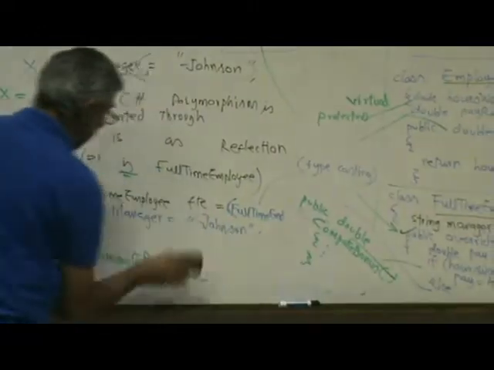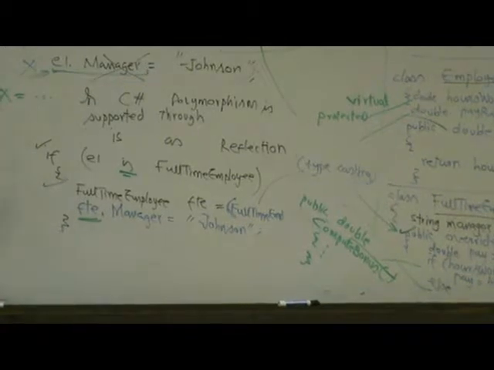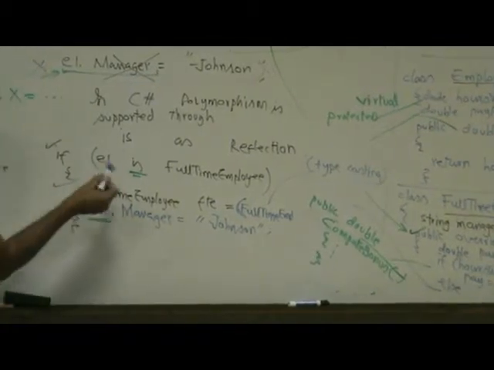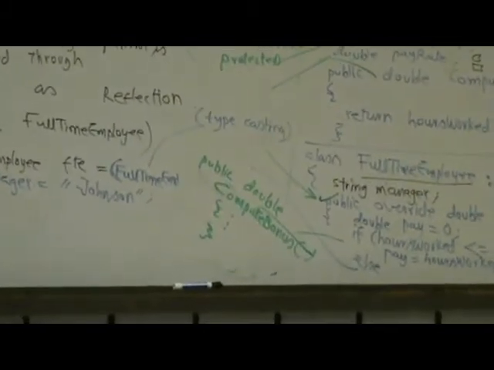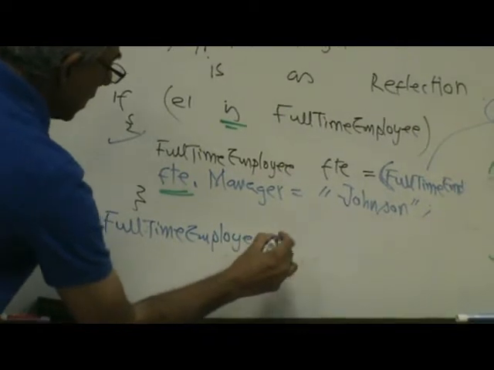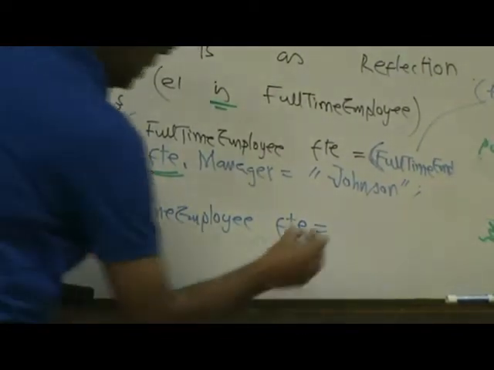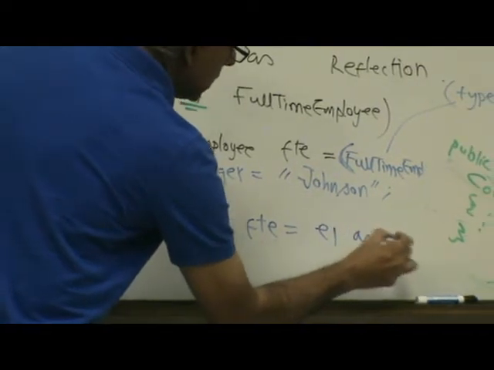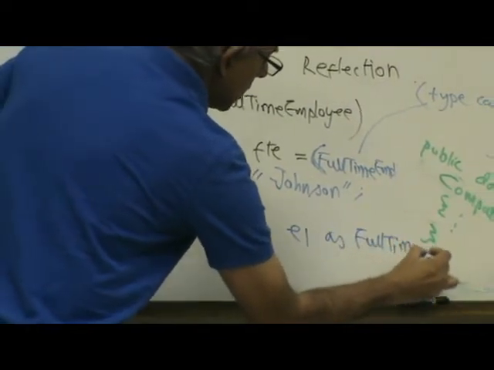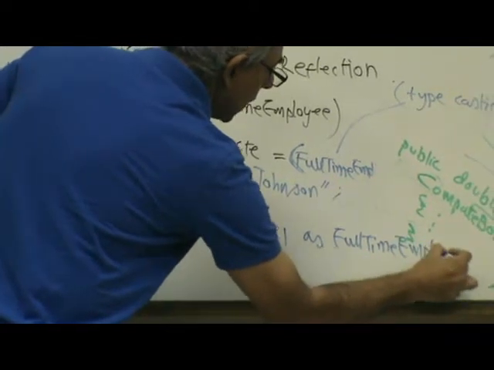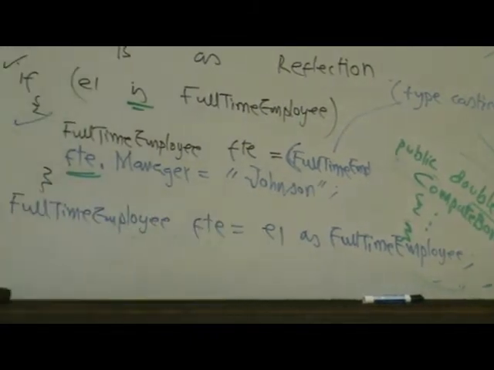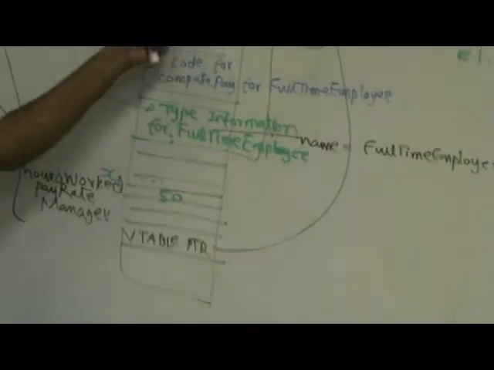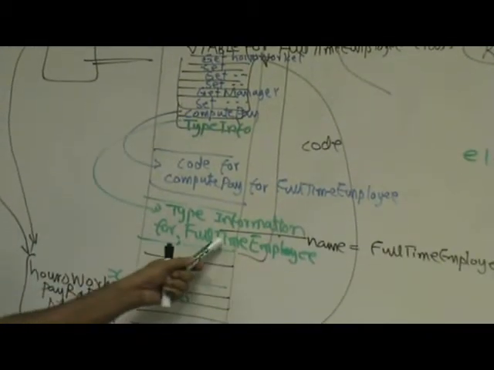So let me call it using the as operator now. If I were to make a call to the compute bonus in the full-time class using the as operator, it will look like full-time employee FTE equal to E1 as full-time employee. So what does it do? As we discussed in the last lecture, you will start from E1, go to the vtable, go to the type info, and check is it really full-time employee.